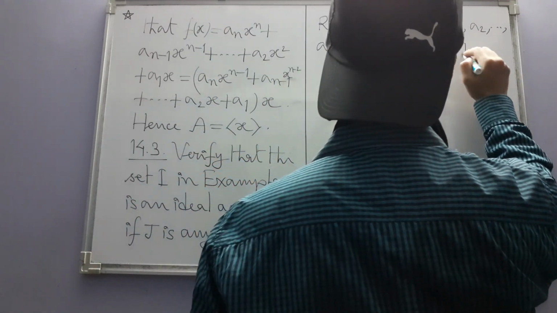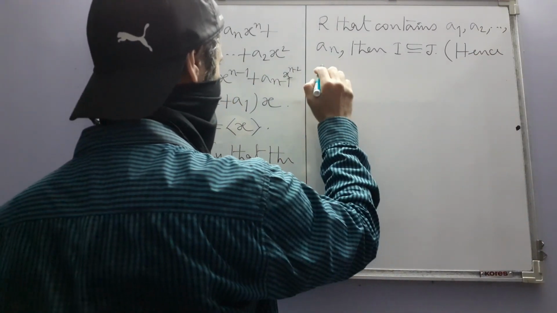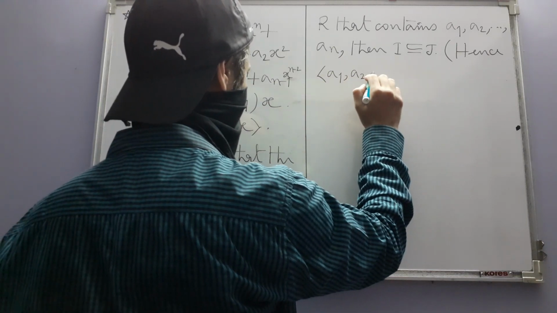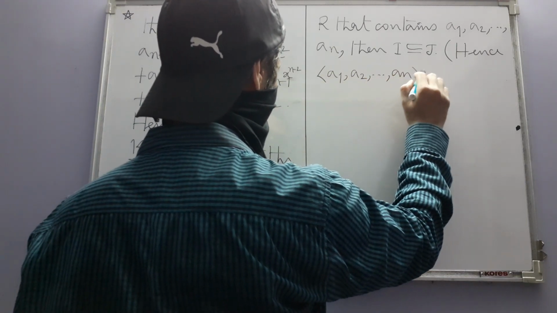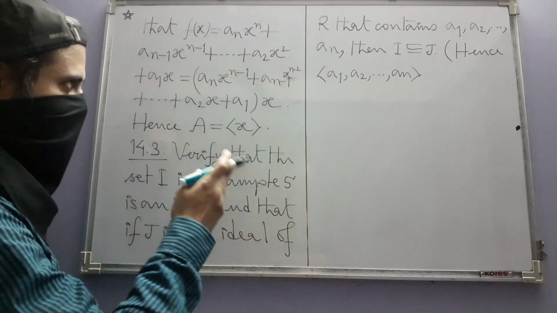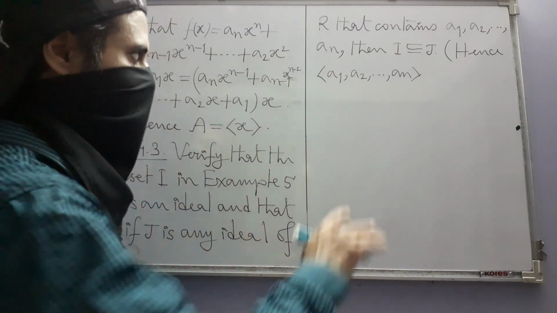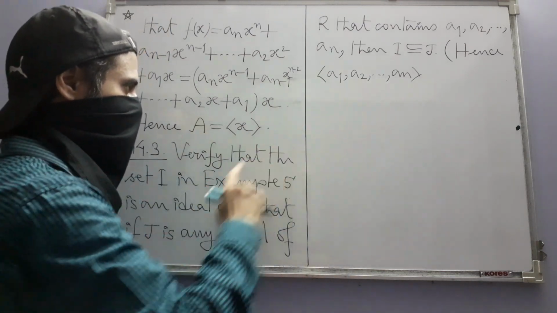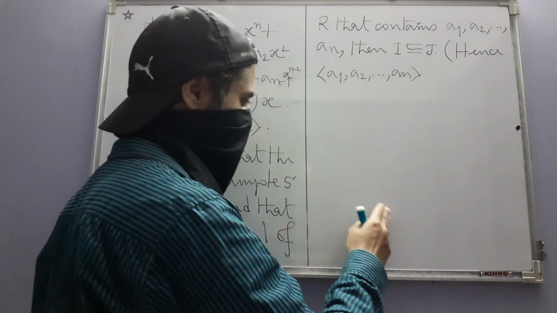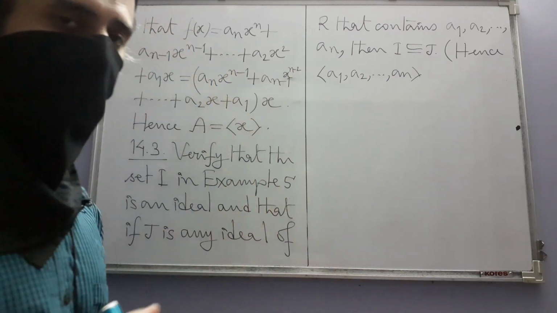Hence, this ideal, which actually is nothing but I, it's the notation that denotes I. It's essentially an extension of that principal ideal concept. In a principal ideal, all the elements are multiples of a single ring element.